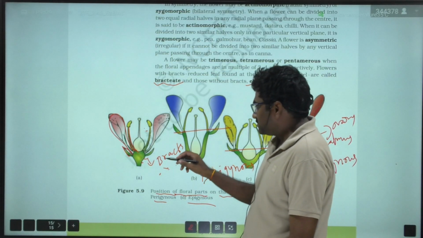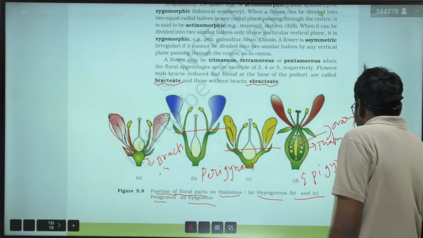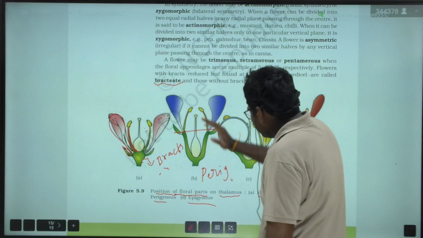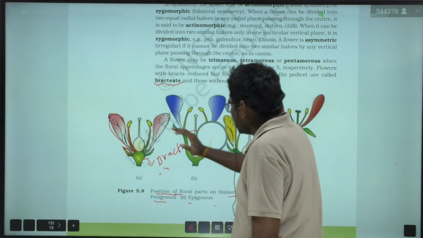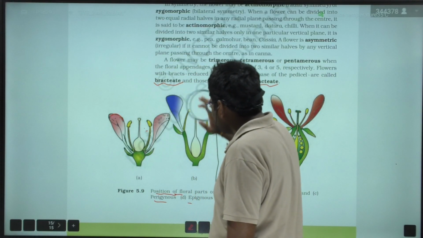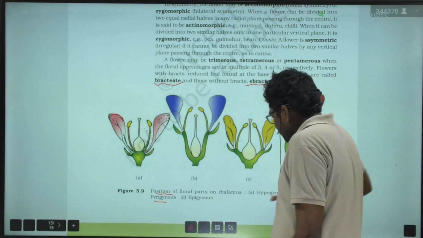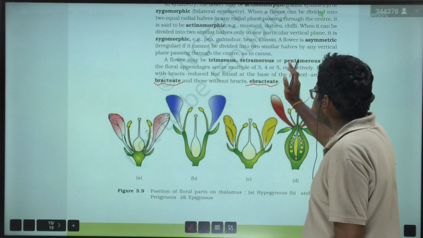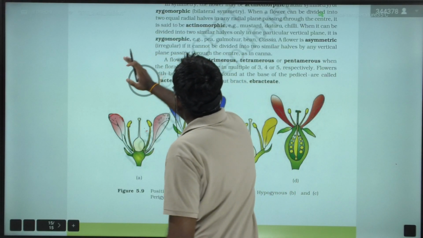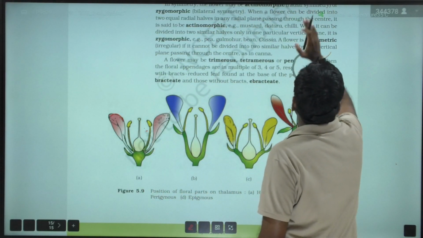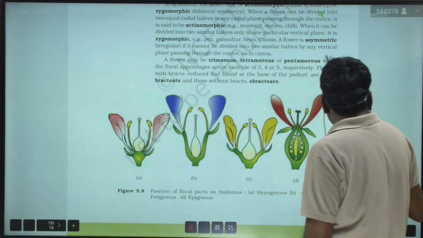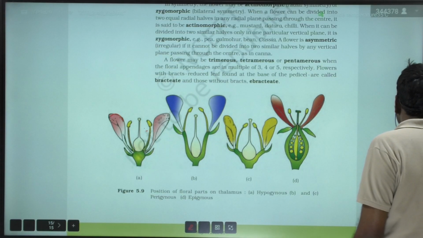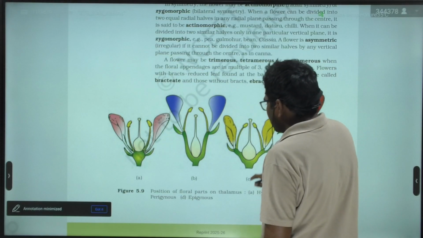So hypogynous examples: china rose, mustard, brinjal. And perigynous examples: plum, rose, peach. Epigynous examples: guava, cucumber, and sunflower; ray florets of sunflower are examples for this.